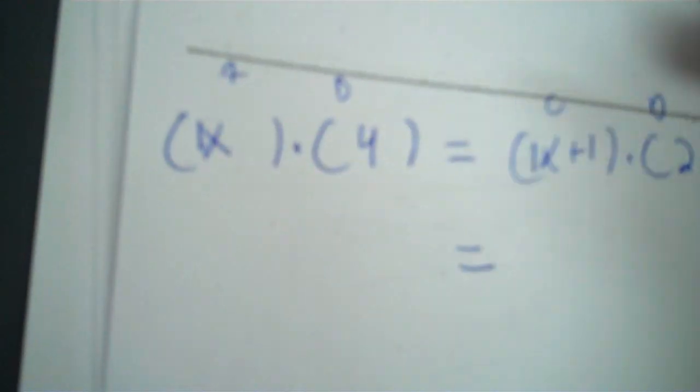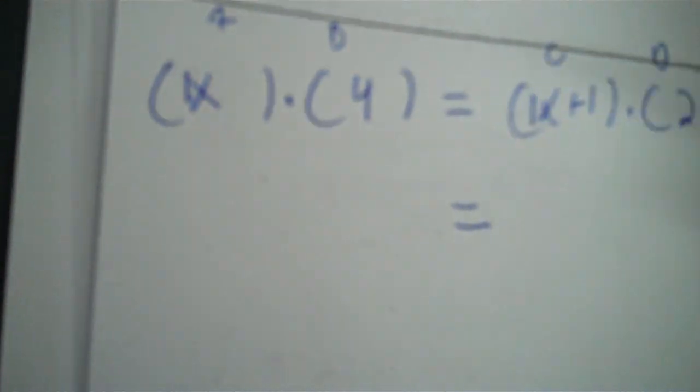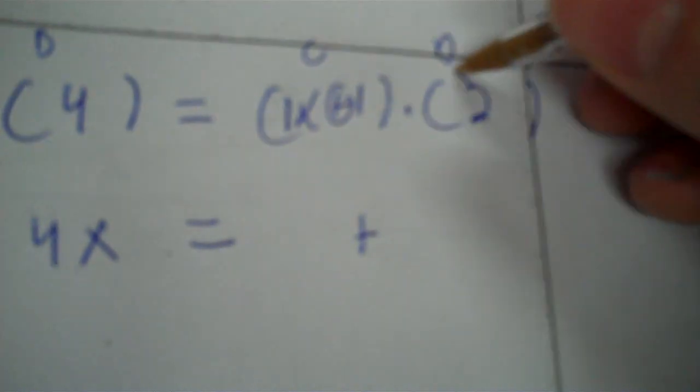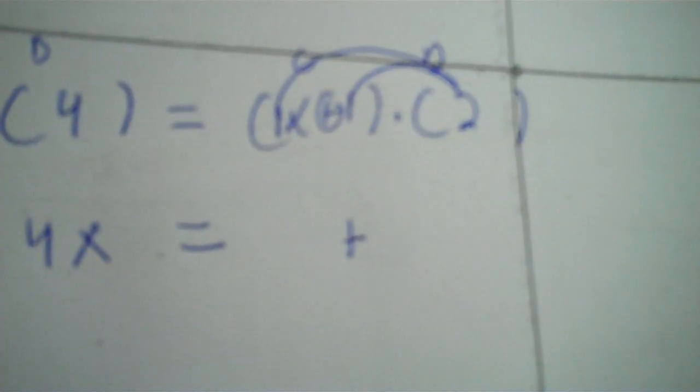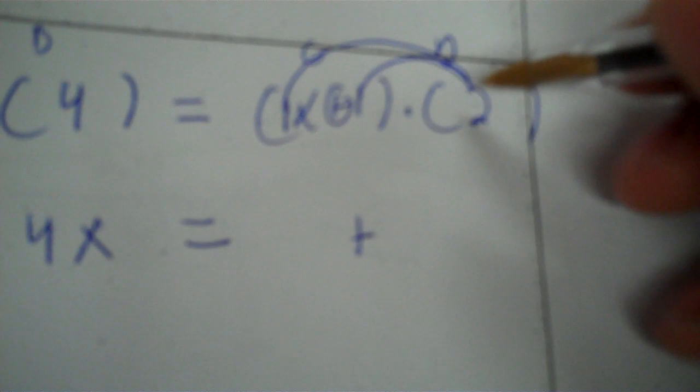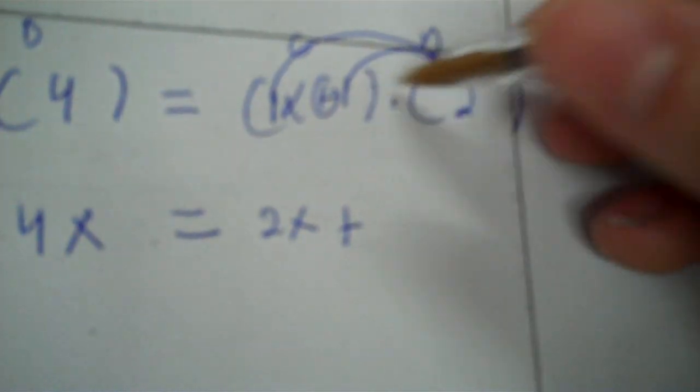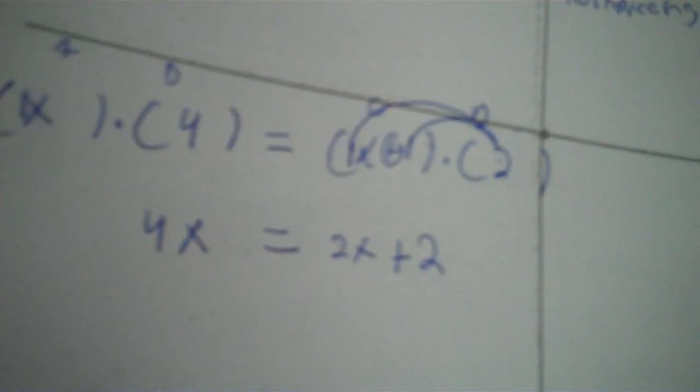That's equals C times D. So C is x plus 1. You can put the 1 there. And then D is 2. Now over here, it's just going to be 1x times 4. I mean, you just multiply them. You don't need to really distribute. If you have an x, 1 times 4 is 4. Now over here with the plus, we need to distribute the 2 to the 1 and the 2 to the 2x. So 1x times 2 is 2x, and 1 times 2 is 2.